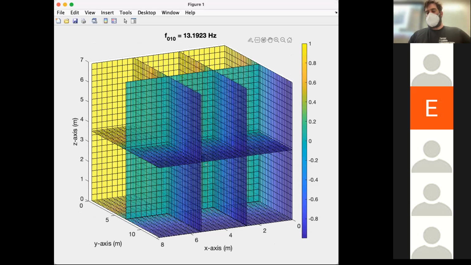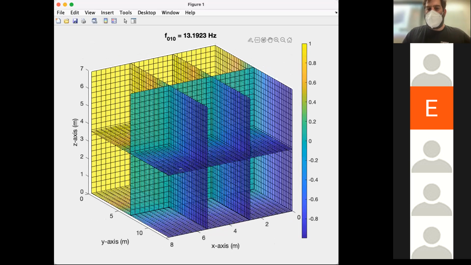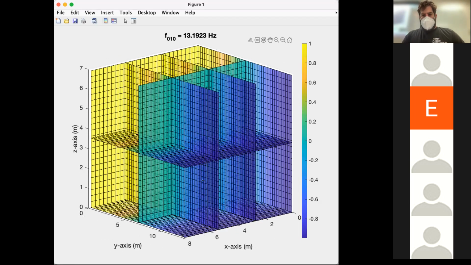And what you need to do is translate what you find as far as what the mode is into what I'm saying here. To break this down a little further, this wave is in the x-axis, so the YZ plane didn't make any sense.